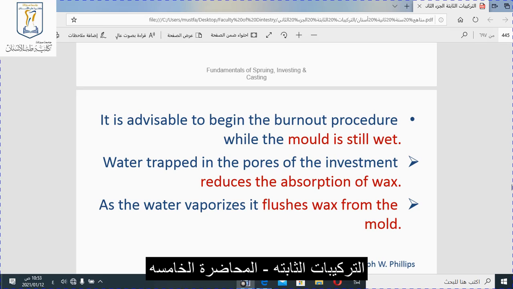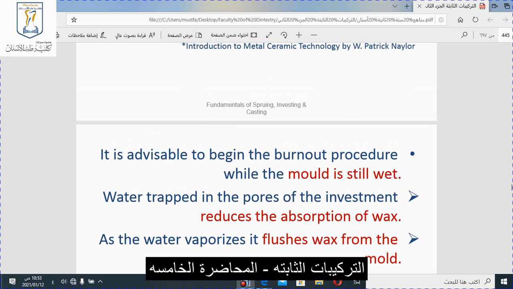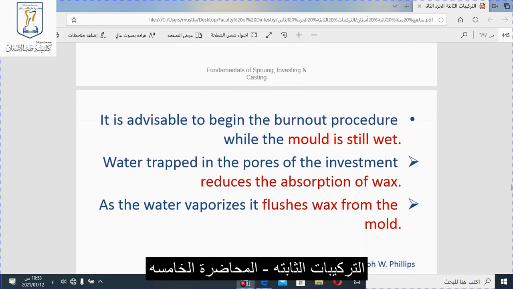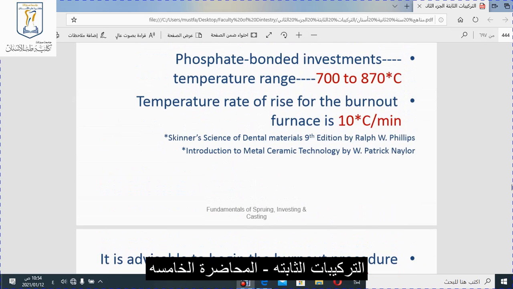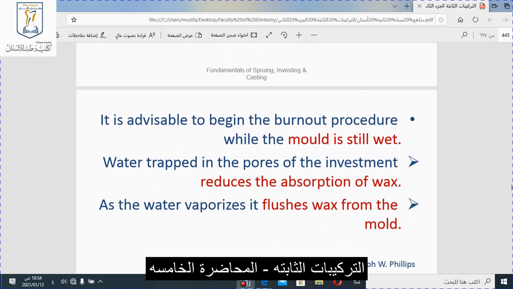Okay, so I have to concentrate on these points, and you have to know this. If we do not put the investment into moisture or into water, or keep it wet, the wax will be introduced into the pores.